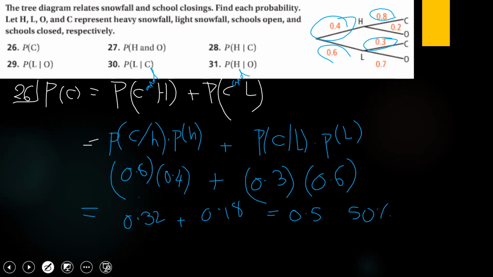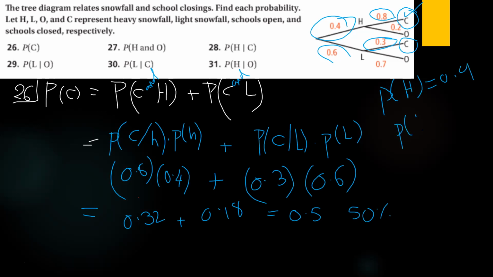Here there's no rule. You have to think that since we have two closed, we cannot use this C only. You have to use this C and this C. This one is not like H. If I ask what is the probability of H, you tell me it is 0.4, and for L, it's 0.6.